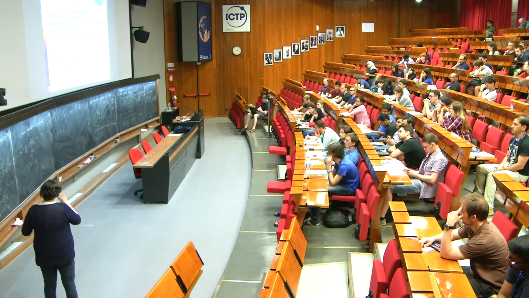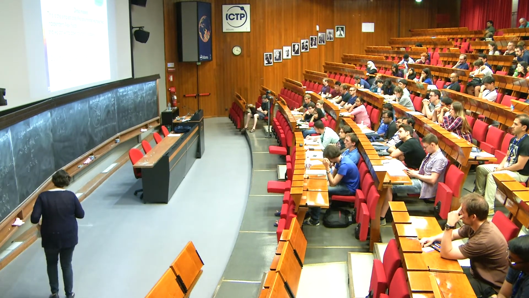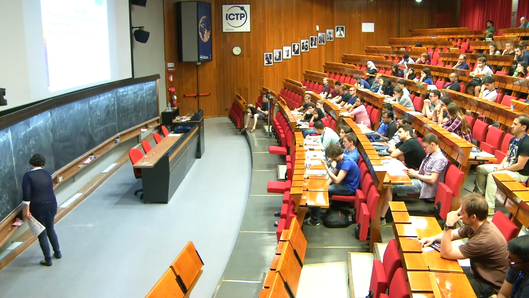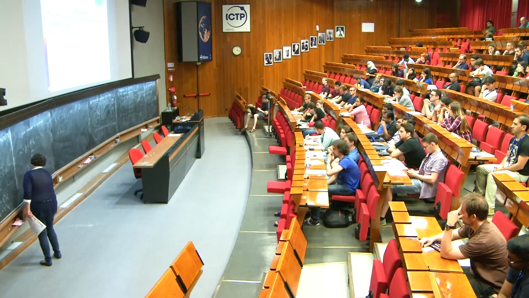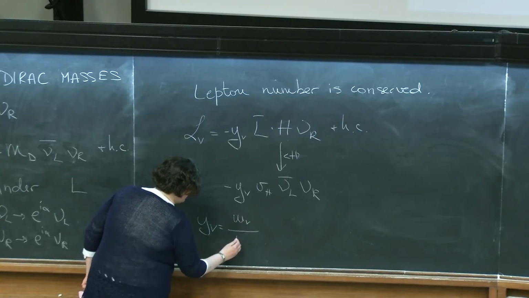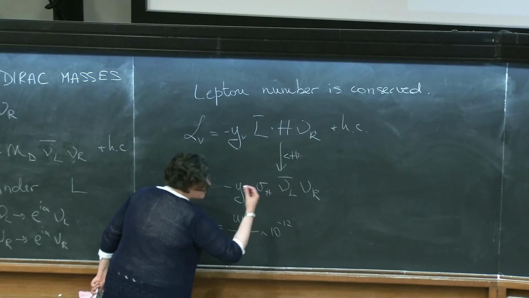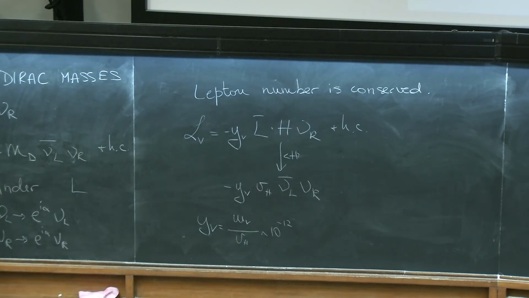The other reason, which is kind of the key reason, why I don't particularly like it is, let's look at the couplings you need. The coupling is the neutrino mass divided by the value of the Higgs VEV. This will turn out to be 10 to the minus 12, or so, depending on the exact value of the masses. So that is the order we're talking about. This is a problem of fine-tuning.